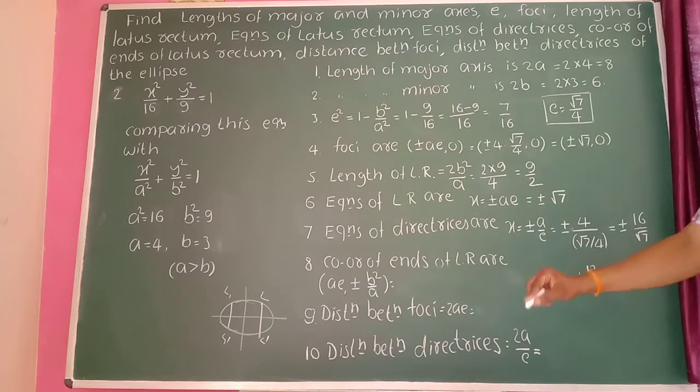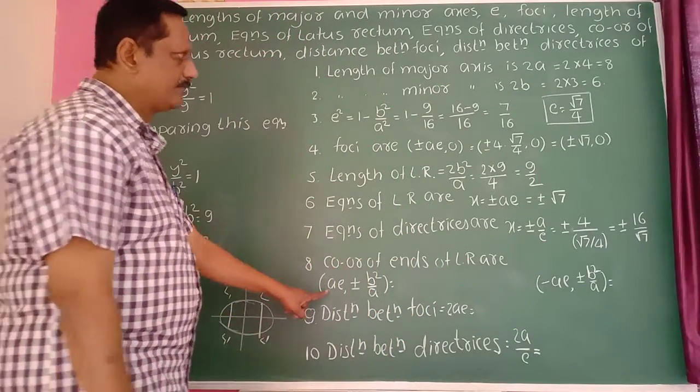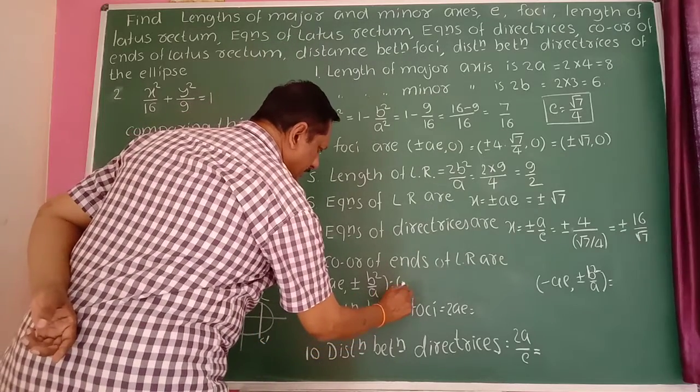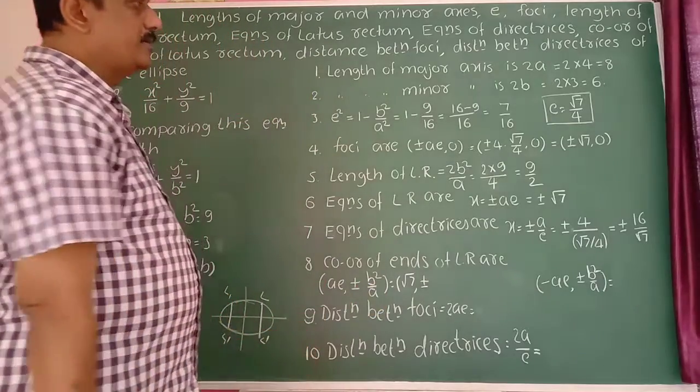Then the coordinates of the ends of the latus rectum are plus or minus ae comma plus or minus b square by a. You know ae is root 7, so we write root 7 here. Then plus or minus b square by a. b square is 9, the a value is 4. Therefore 9 by 4. So plus or minus 9 divided by 4. Similarly, minus ae comma plus or minus b square by a.